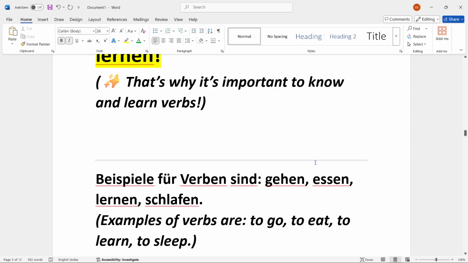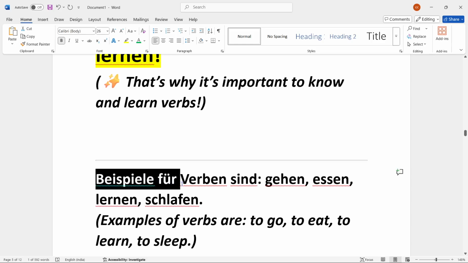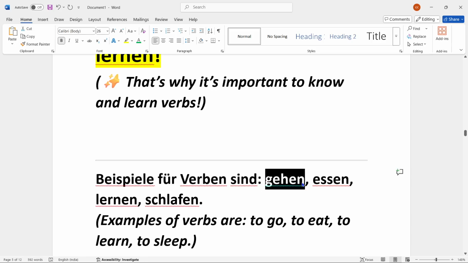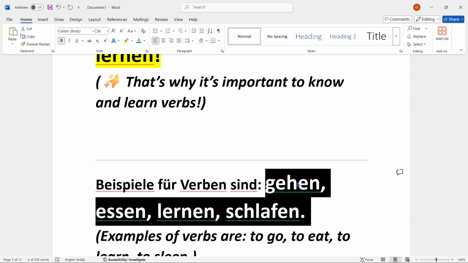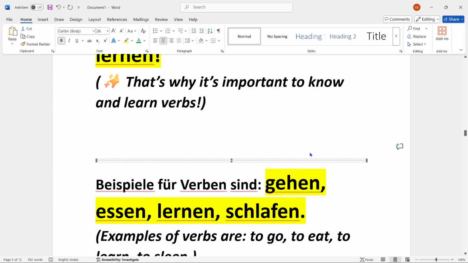Beispiele für Verben. As we already learned yesterday, sind means to be. So, Beispiele für Verben: gehen, essen, lernen und schlafen.